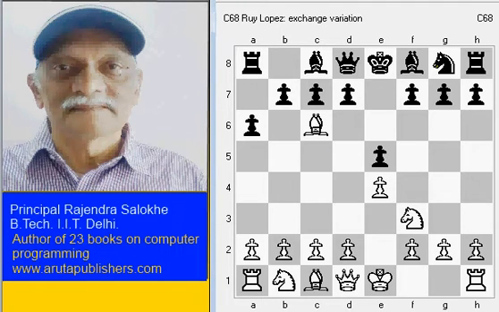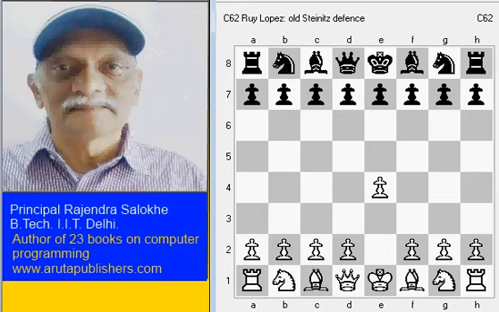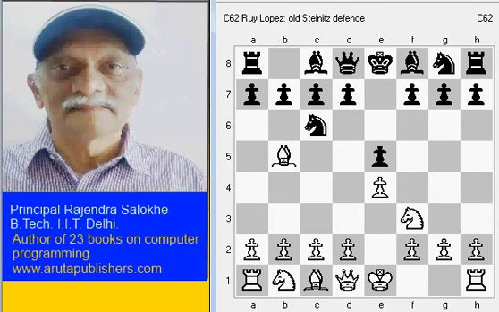Code is C68, and this ends here because what black plays next can be decided by black only. He can either take this bishop with the b7 pawn or the d7 pawn or anything. So we'll go to the next variation.